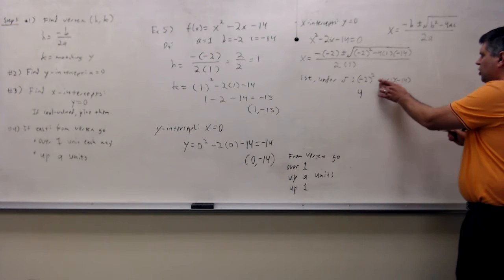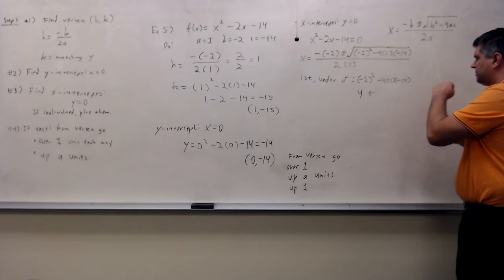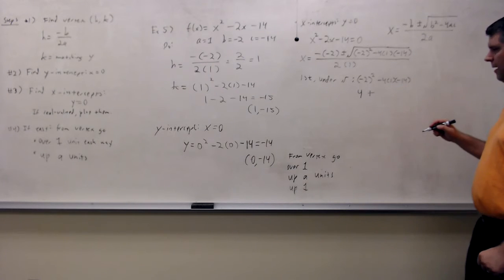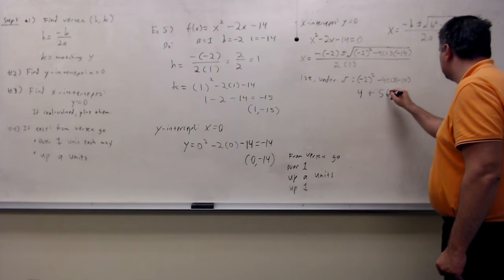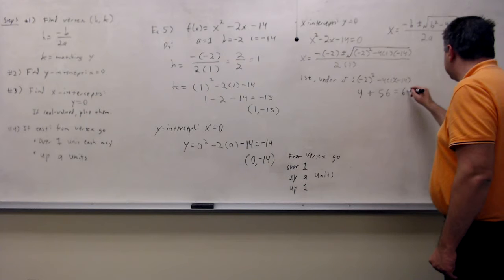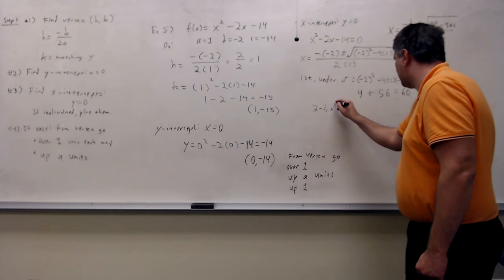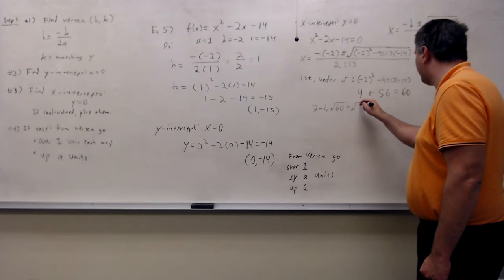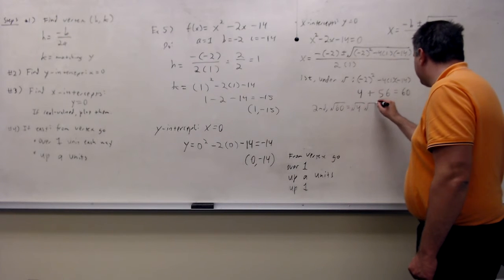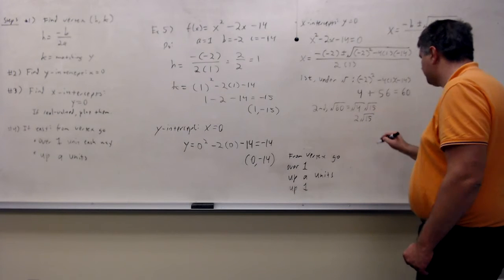And there's actually 2 minuses here, so that's going to be a plus. And 4 times 14 is 56. So this is 60. Second, the square root of 60 is divisible by the perfect square 4. The division result would be 15. So that's 2 square root of 15.